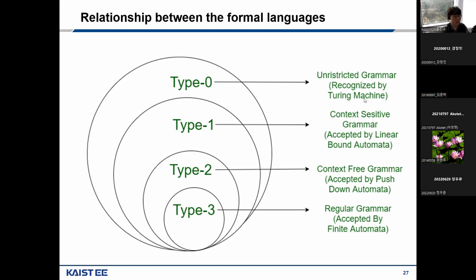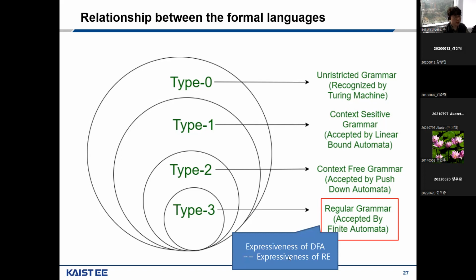And there is an unrestricted grammar, which is the type recognized by the Turing machine. I believe you may have heard about the Turing machine. You can think of it as a computer, so it is a language that can be accepted by a computer. And this is the language that can be accepted by the regular expression.